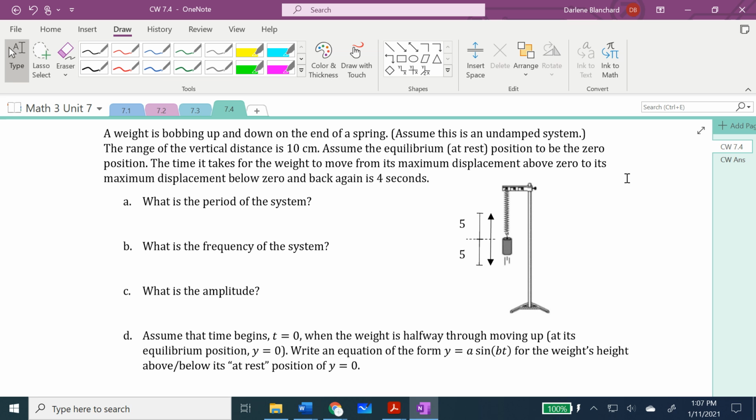And so now let's read all the details. The range of the vertical distance is in centimeters, 10 centimeters. And we're going to assume the equilibrium, which means the at-rest position, to be 0. So what I want to imagine is this being the y-axis, where I have 0, 5, and -5.